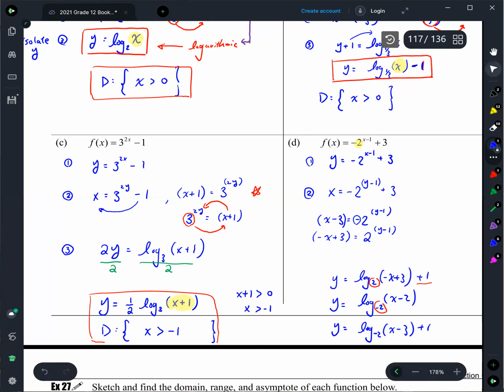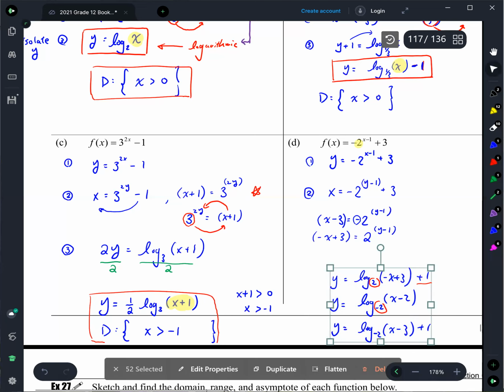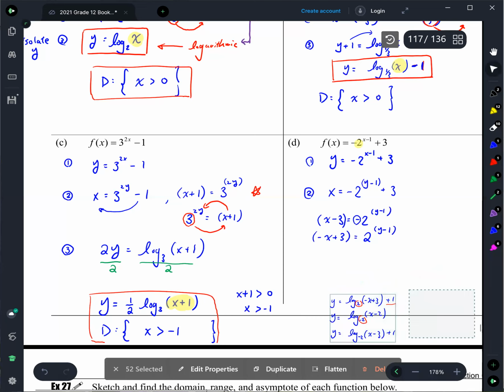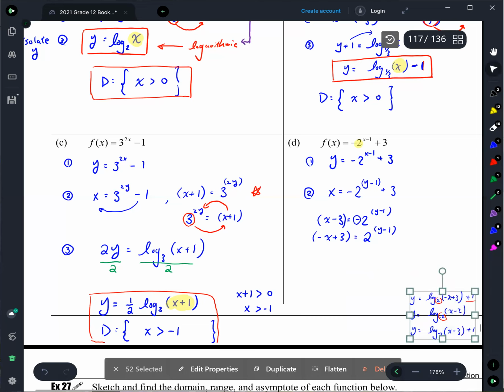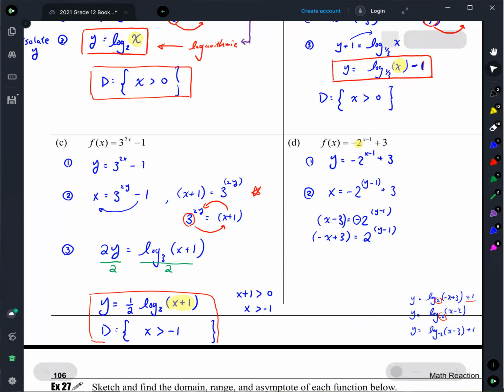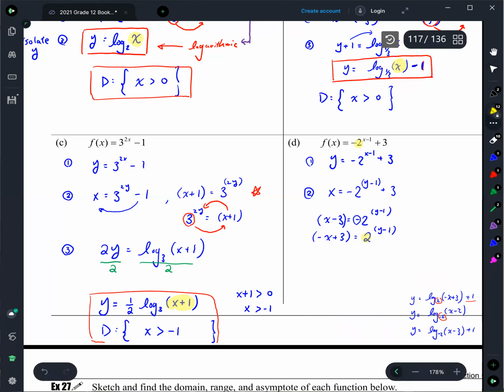Okay, let me shrink this. Once you get there, you have a proper base. Base is 2. You have the exponent, which is y minus 1.